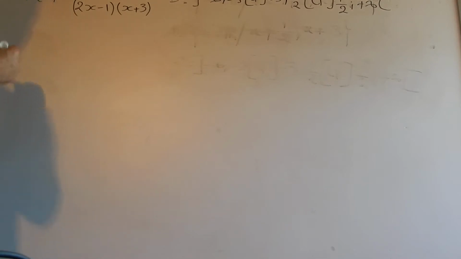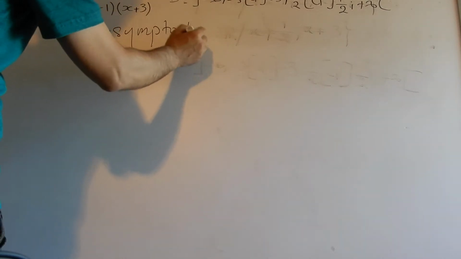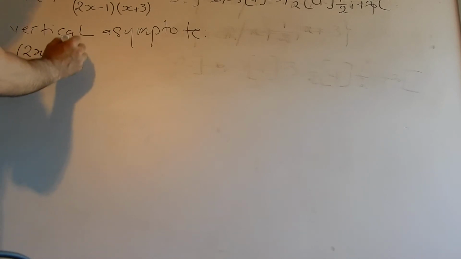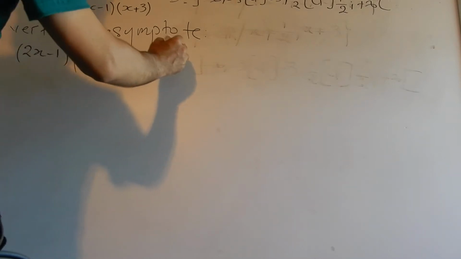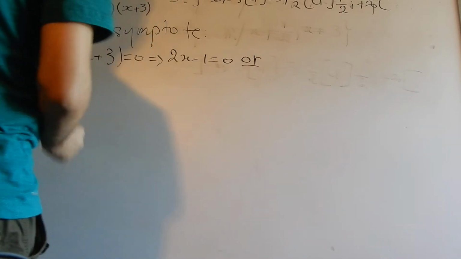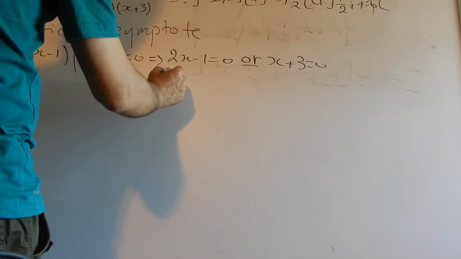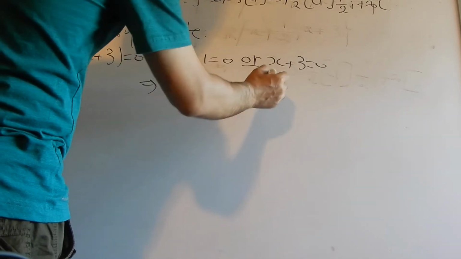To find the vertical asymptote, we can let the denominator equal 0, which is going to be the same as the domain, which means 2x minus 1 times x plus 3 equals 0, which means 2x minus 1 equals 0, or x plus 3 equals 0, which means x equals 1 over 2 or x equals minus 3.